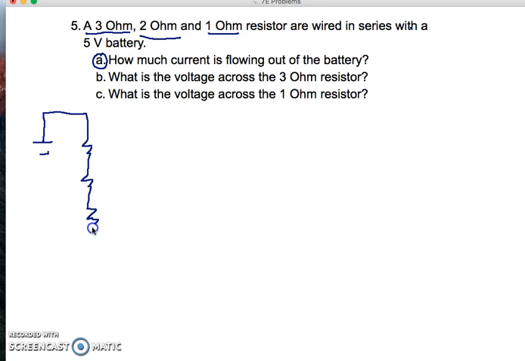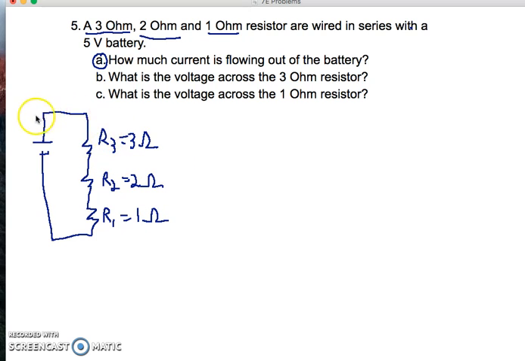Let's call them R3, R2, R1. R3 is the 3 ohm, R2 is the 2 ohm, and R1 is the 1 ohm. There you go. And there's a 5-volt battery.